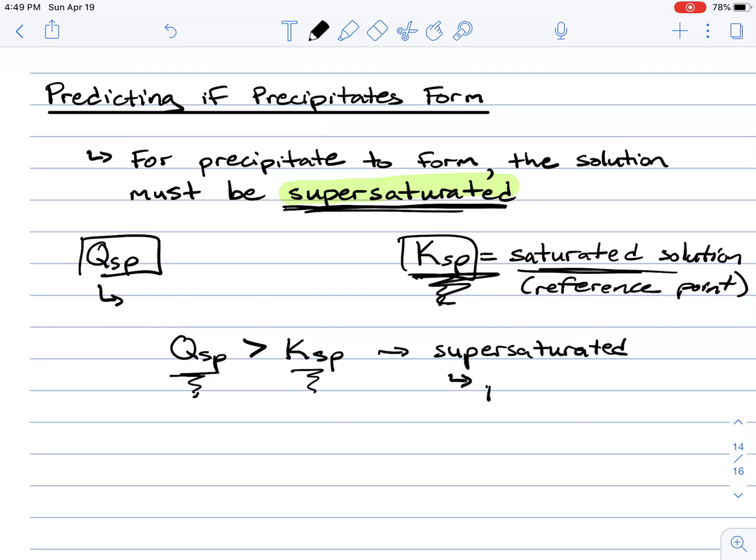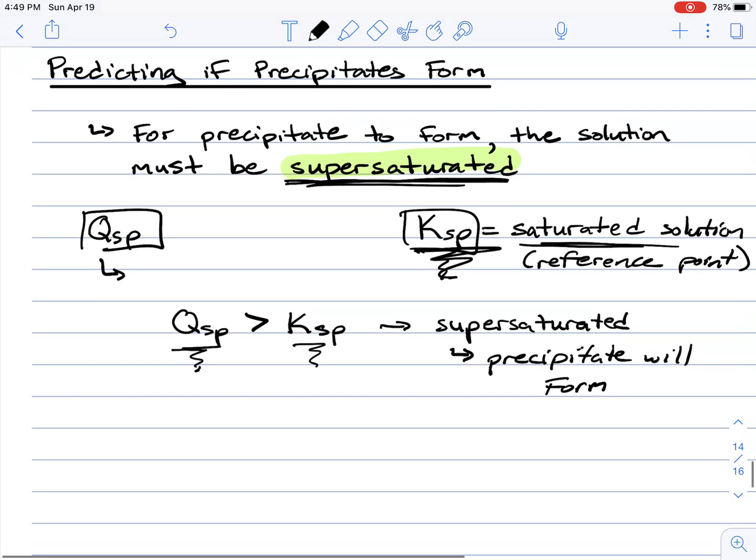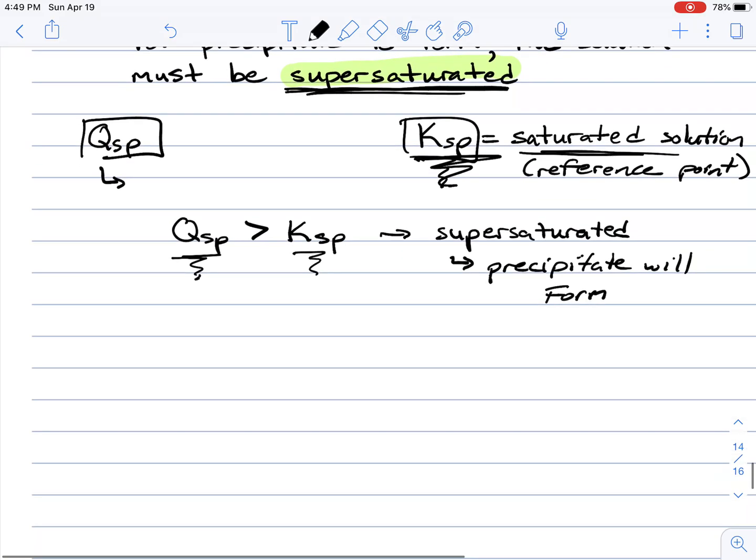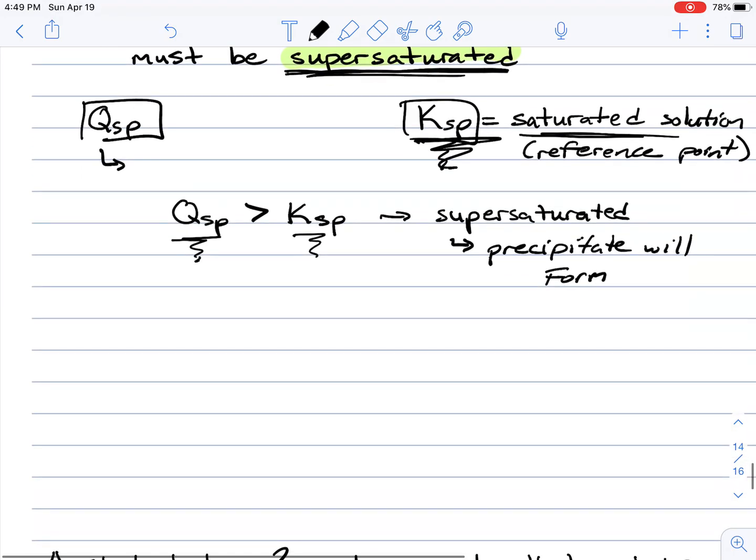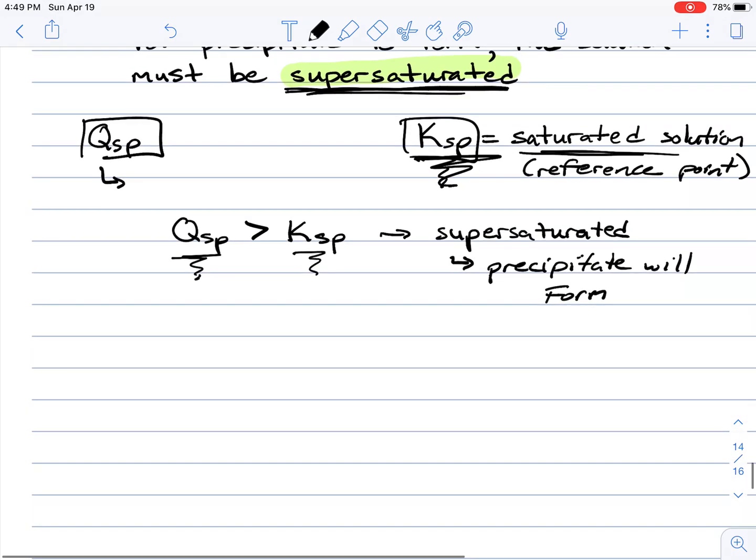Therefore, the precipitate will form. And remember, it's the ions that are supposed to produce that precipitate anyway. So if you have a supersaturated solution of your spectator ions, then for the scope of what we're trying to learn in this section, it won't form a precipitate.